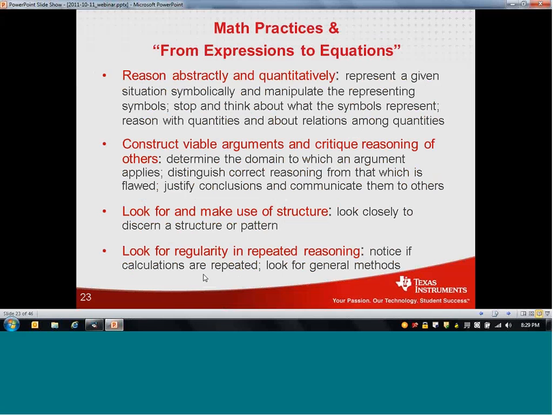One of the things that we actually are looking at is the math practices in terms of expressions to equations. And again, if you just think about the kinds of open-ended questions that you can ask, we can do what Tom was talking about. We can actually get kids to be thinking and reasoning.